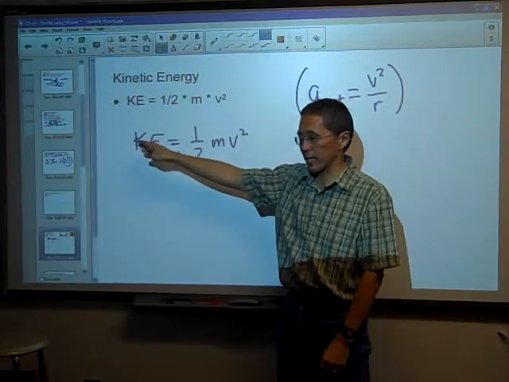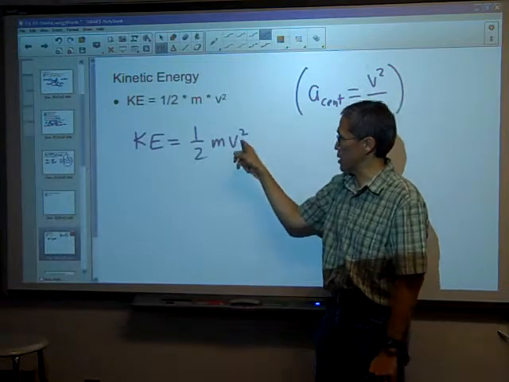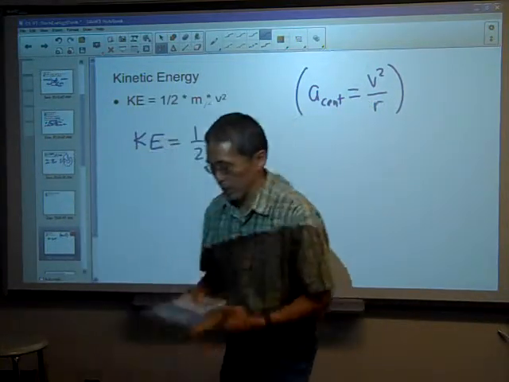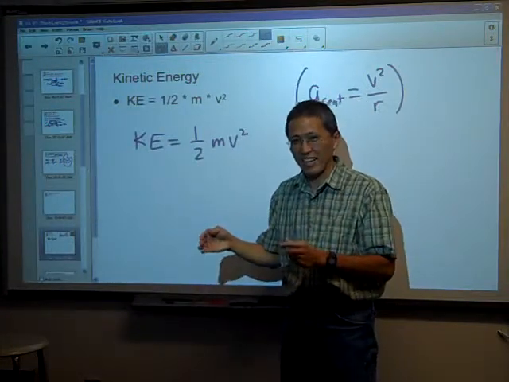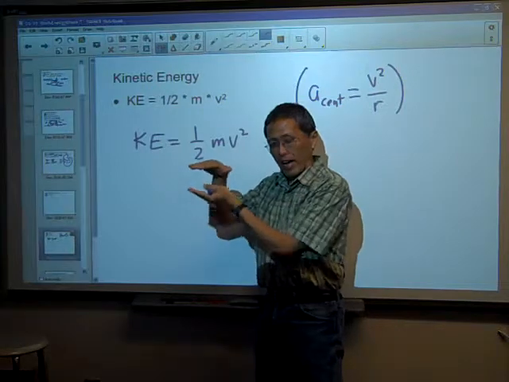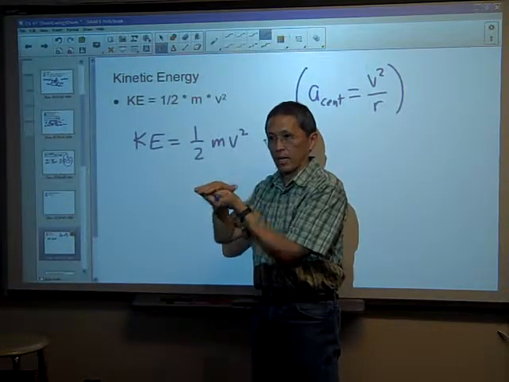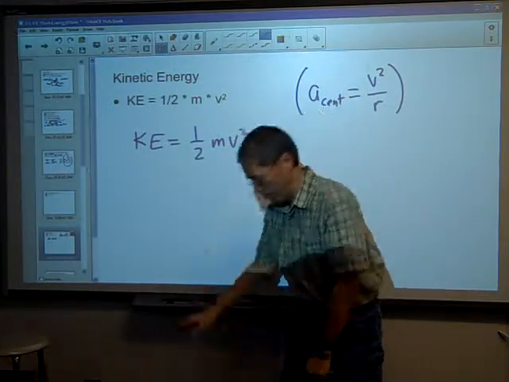Okay, so kinetic energy. Energy of motion. Notice here that it has my mass. So as I take my same book again, and I drop it, how much kinetic energy did it start out with? Zero, because my speed was 0.